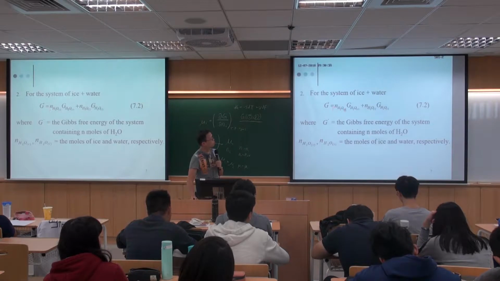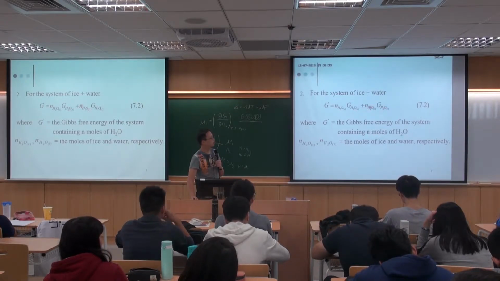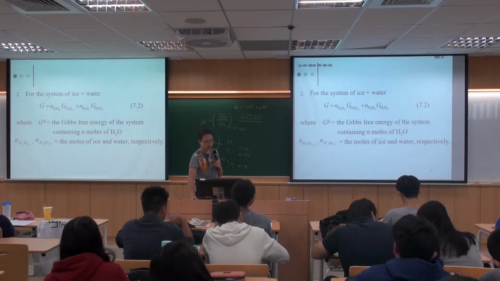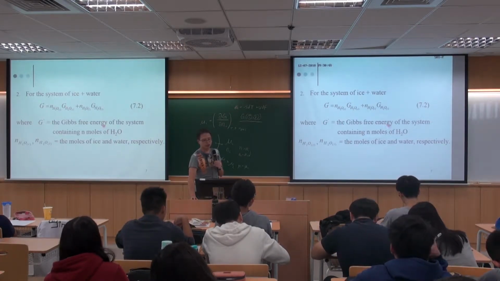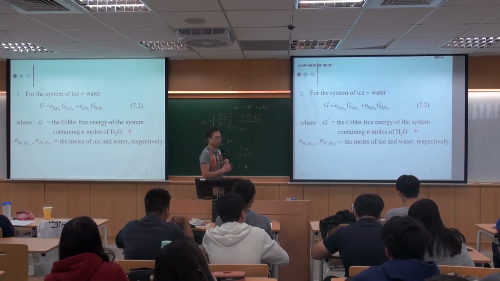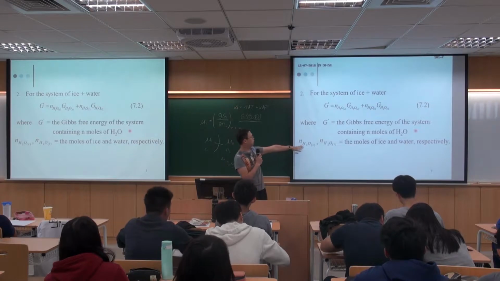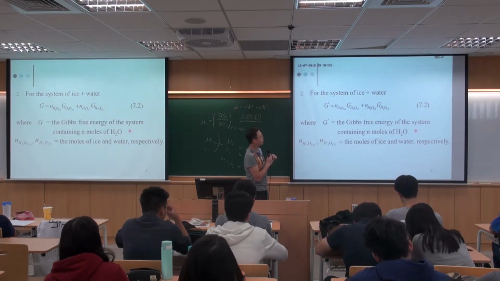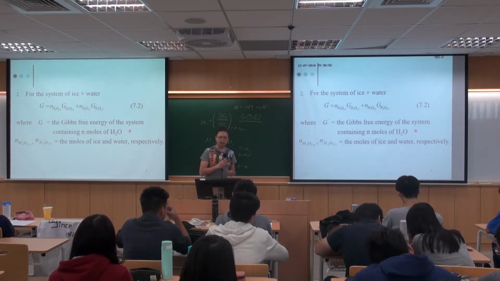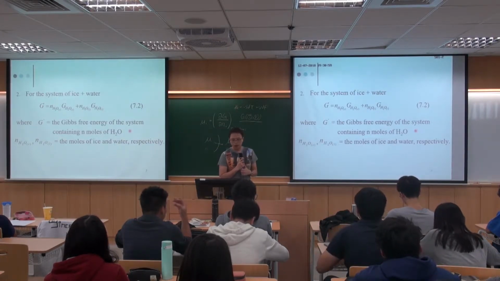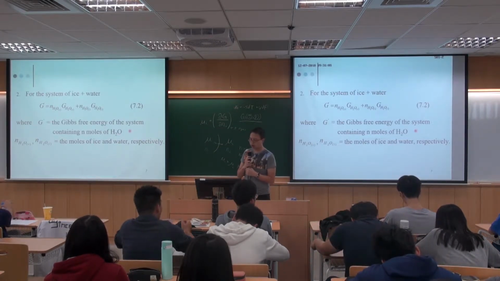So the total Gibbs free energy will be the sum of these two components. And the G prime stated here is the Gibbs free energy of the system containing n moles of H2O, and n equals the sum of these two, right? Both ice and water are made of water molecules, or H2O.